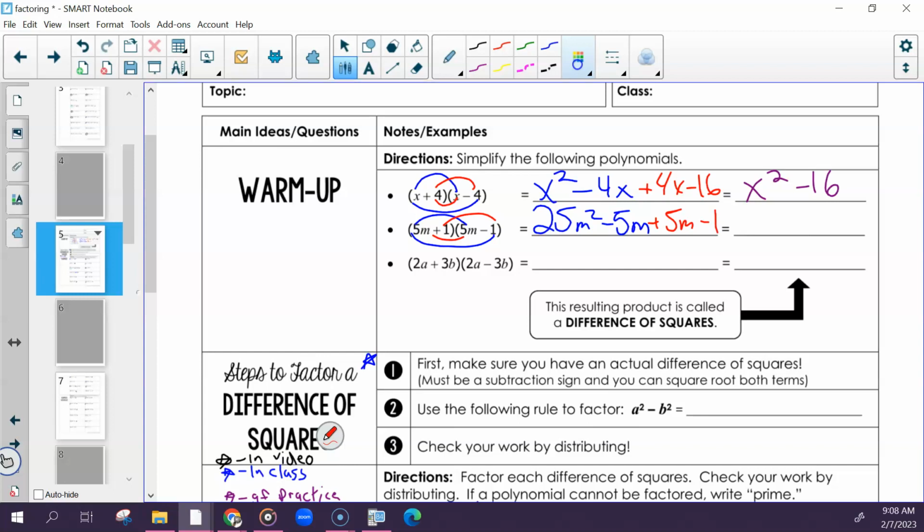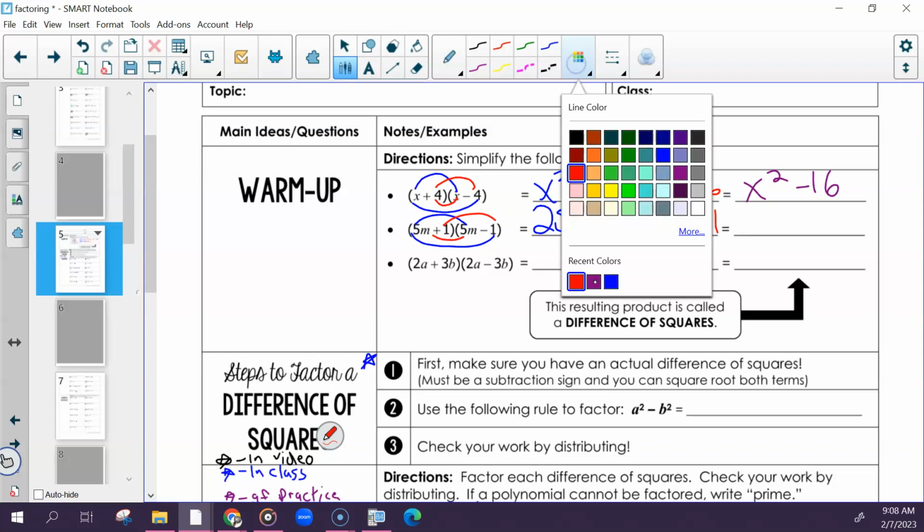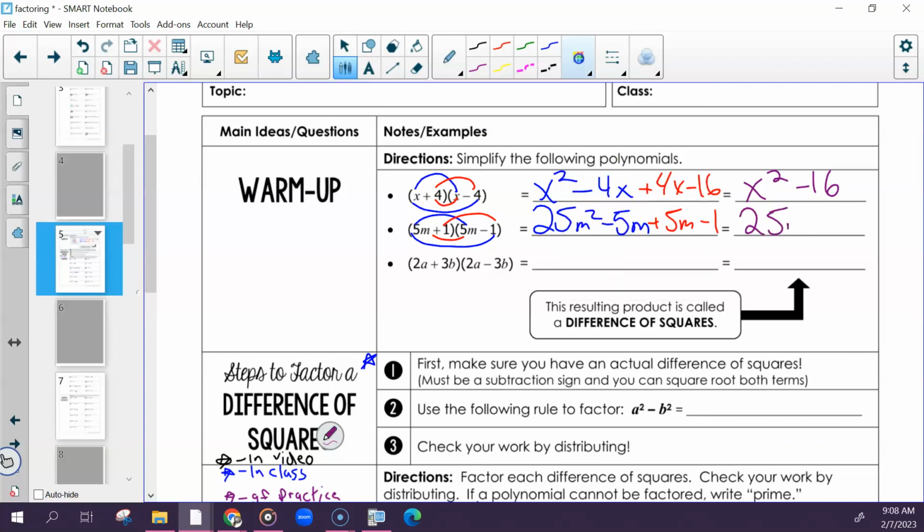So again, the middles cancel, and you're left with 25m squared minus 1. Who thinks they may know what the final answer for this might be without distributing? And if not, we can distribute.